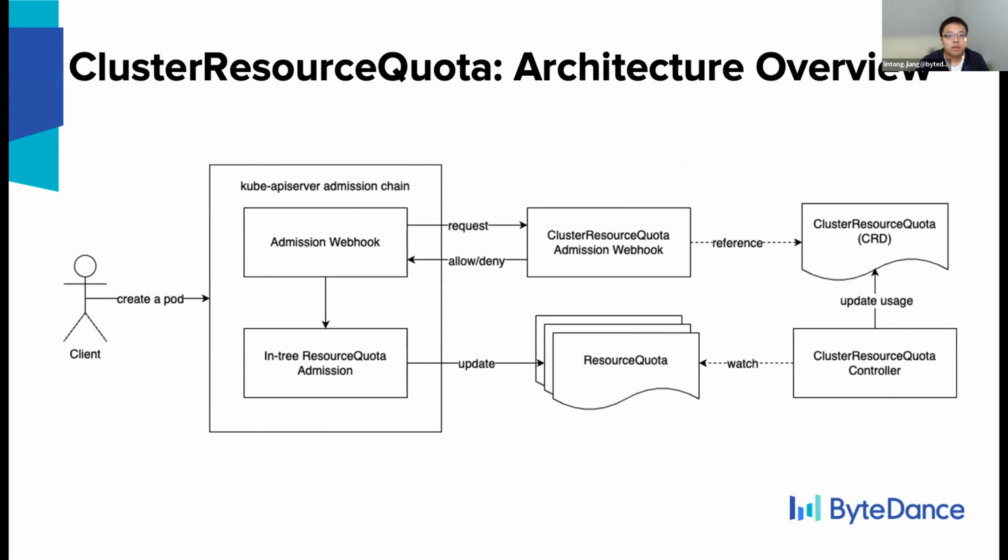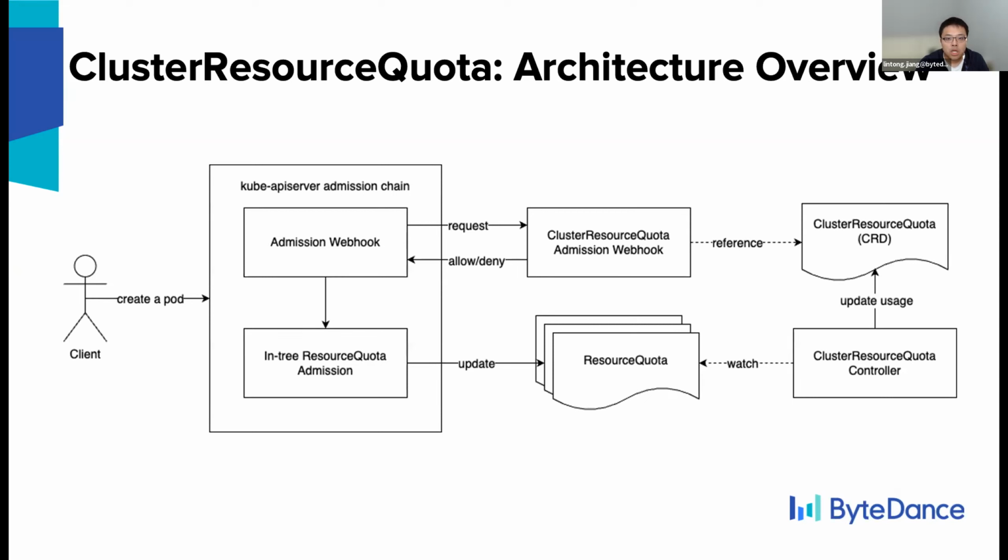Here is a diagram of the architecture overview of Kubernetes with cluster resource quota. It also shows the control flow of how cluster resource quota works with the built-in resource quota when a pod is created. Let's assume that the cluster resource quota instance has been created for one tenant, and all the managed resource quota instances have been created in each of its namespaces.